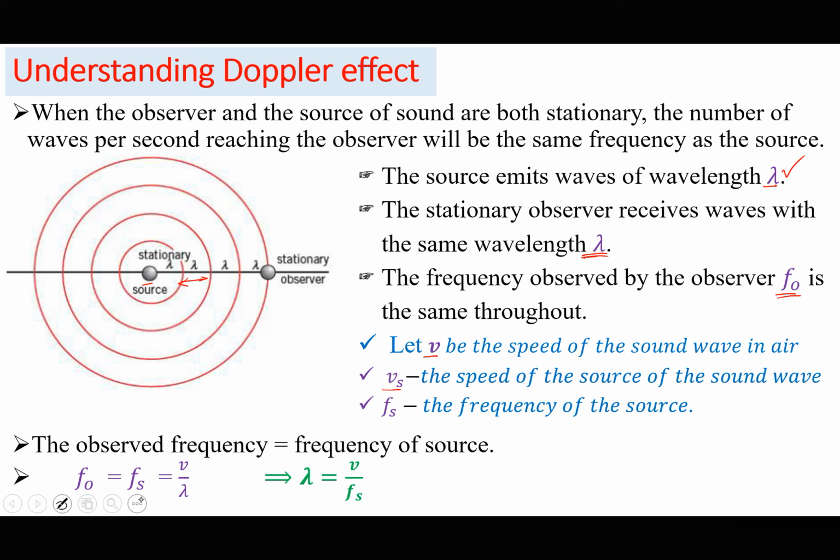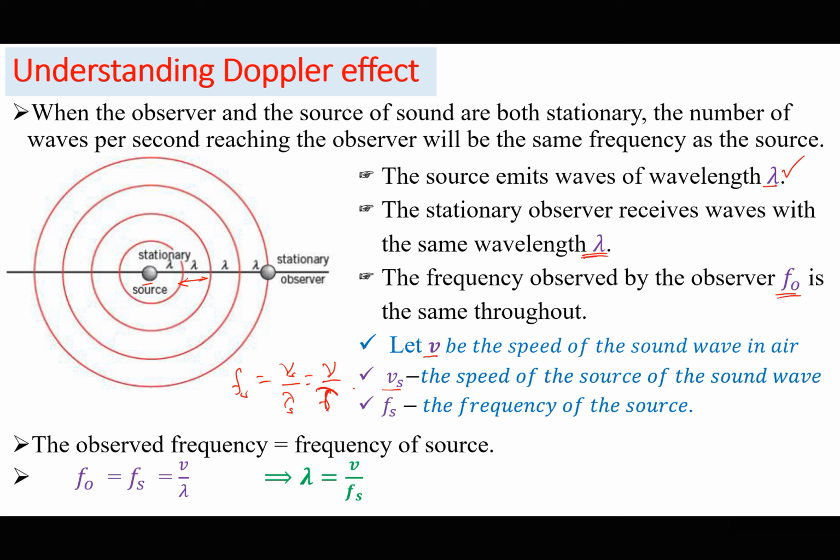Remember, the frequency of the source would be equal to the speed of the waves from the source divided by the wavelength of the source. But remember, the speed of the waves is going to be the same as v, since the observer and the source are stationary, and the wavelength of the waves is simply going to be lambda.